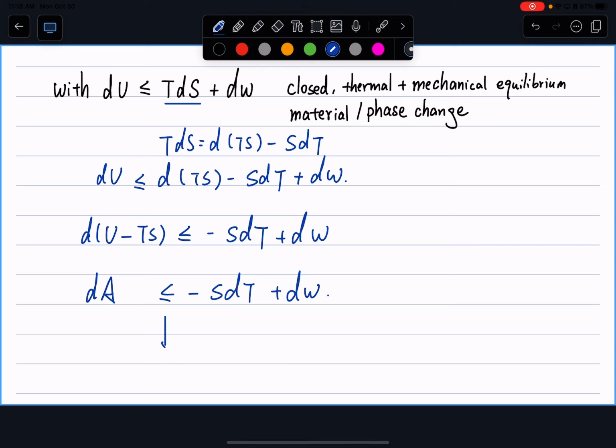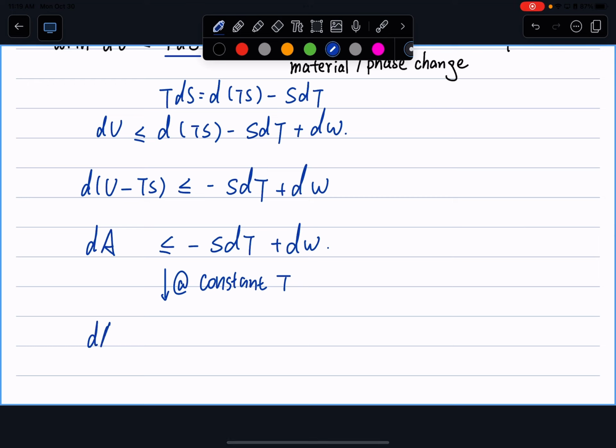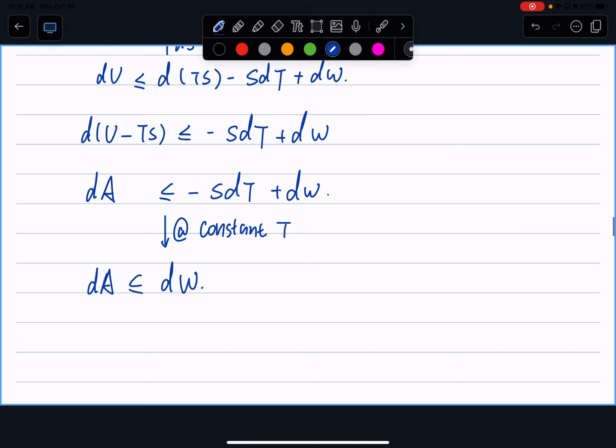Now, assuming we're at constant temperature, we have dA smaller than or equal to dW. And that work can be any form of work, not only PV work. Whether we're talking about an infinitesimal process or a finite process, you can take the integration of both sides.